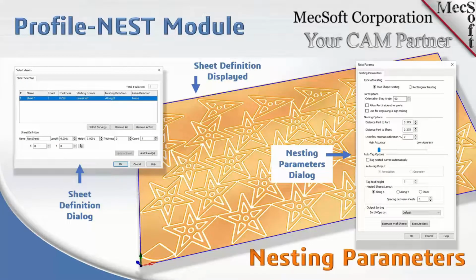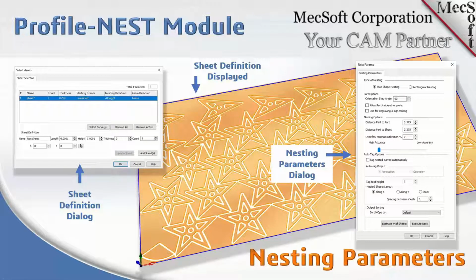Now, nesting parameters. There are 2 types of nesting parameters that you need to define to create a profile nest. On the left here, we have the sheet definition dialog, where you can create a sheet by entering the dimensions and the thickness of the sheet.